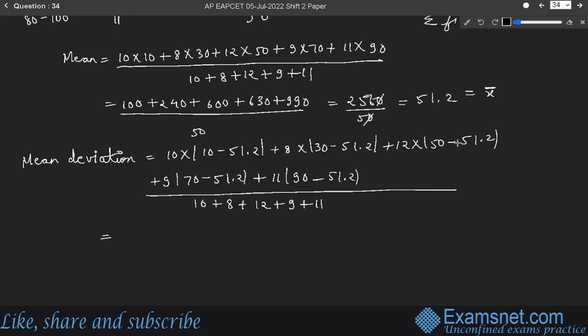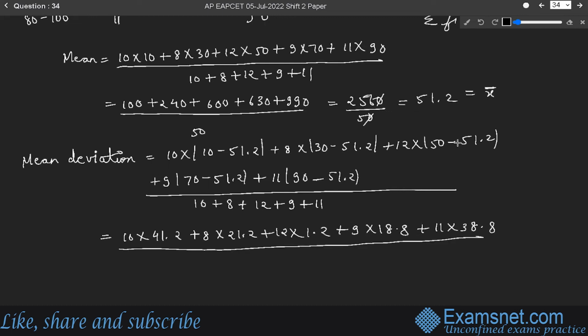On further calculating the values, it will be 10 into 41.2 plus 8 into 21.2 plus 12 into 1.2 plus 9 into 18.8 plus 11 into 38.8, whole divided by 50.